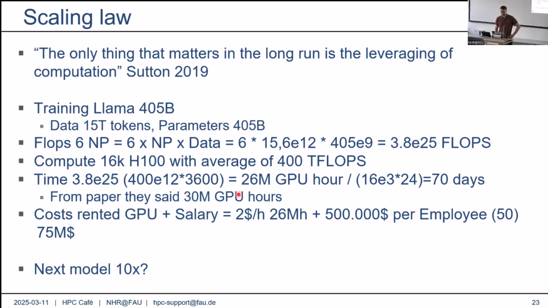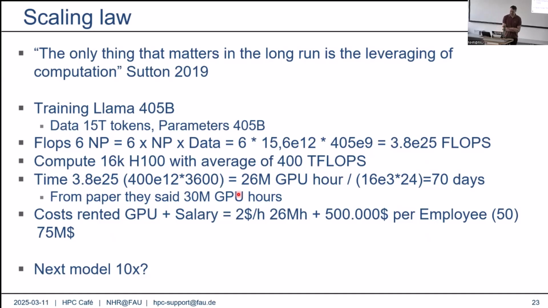And if we calculate the costs for this, it would be, let's say, $2 per GPU hour. So if you rent a GPU at the cloud provider, you probably pay $2 or a little bit more. So 2 times 26 million. And then I guess an AI expert should at least get 500,000, right? And of course, HPC admins too.